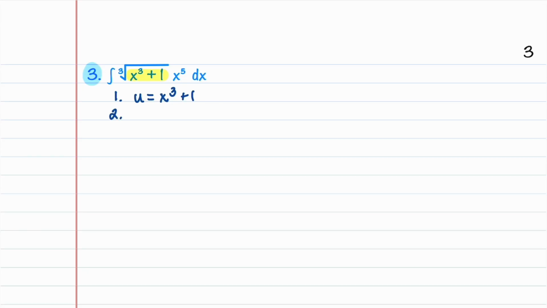Our second step then is to calculate du and solve for dx. Du is 3x squared dx, and that gives us that dx is du all divided by 3x squared.